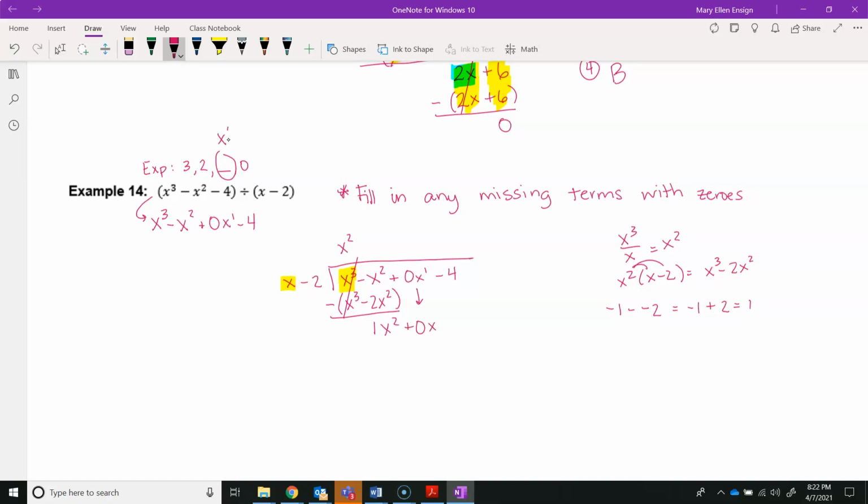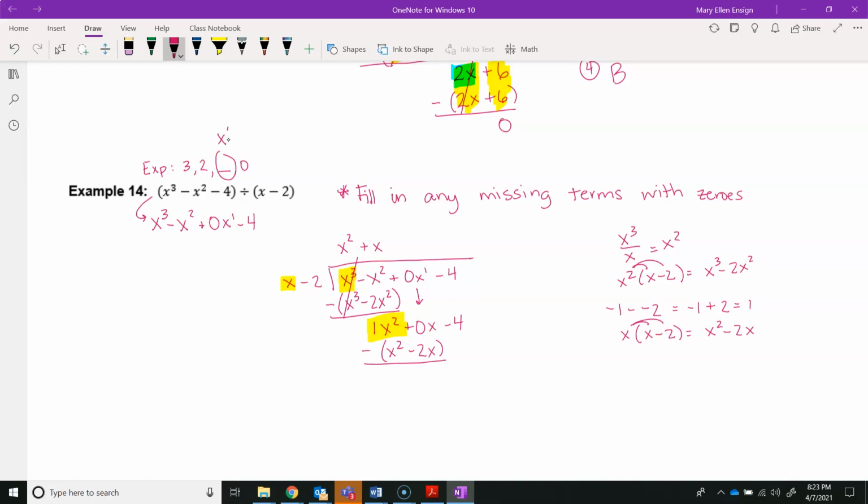So I'm going to bring down everything. You can just bring down the 0 if you want. All right, so now I'm looking at x and x squared. So x times what equals x squared? Well, positive x. Then I have to multiply x times x minus 2. So I get x squared minus 2x. And this is where this 0 that we added helps us out.